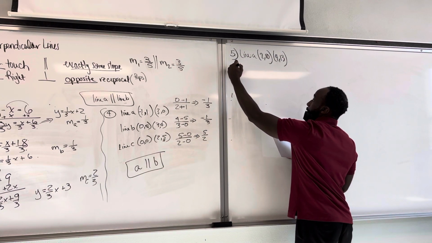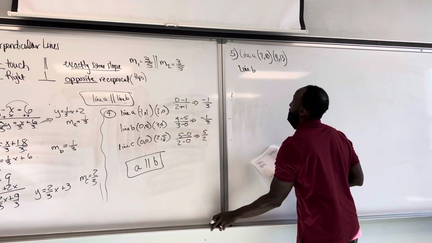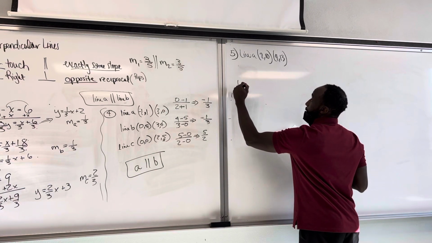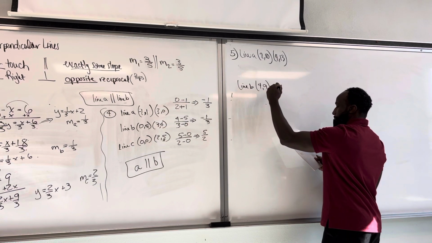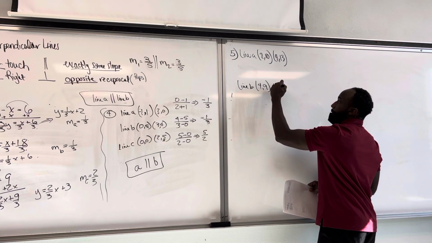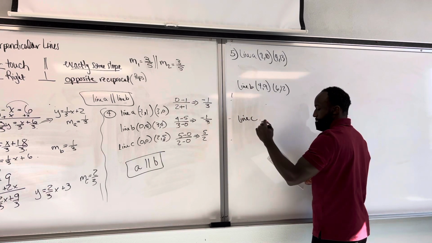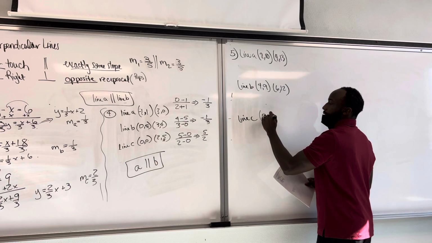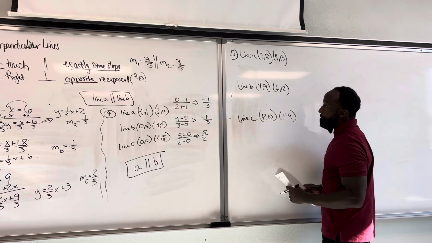Line B passes through 4, 9 and 6, 12. And line C passes through 2, 10 and 4, 9. All right?